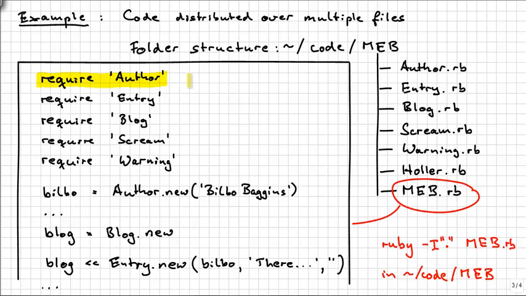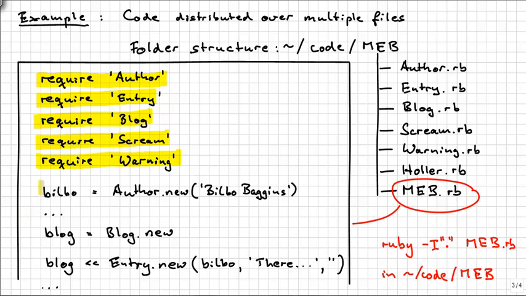And this would bring in the class definition from the author.rb file and make it available in meb.rb. And the same here with entry, blog, scream, and require warning. And then we can use all of the classes we have now required or brought into the MEB file.